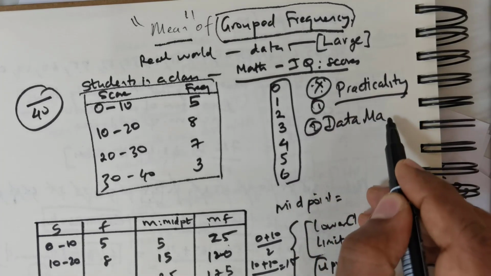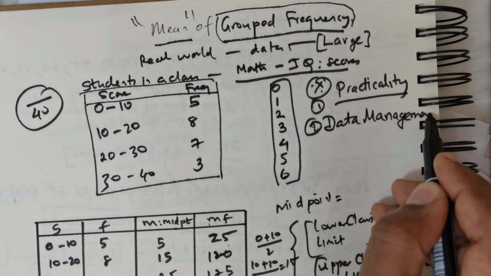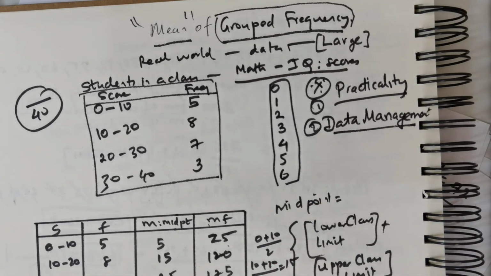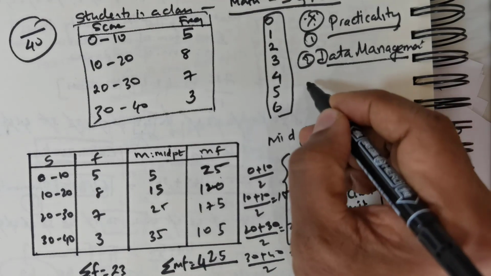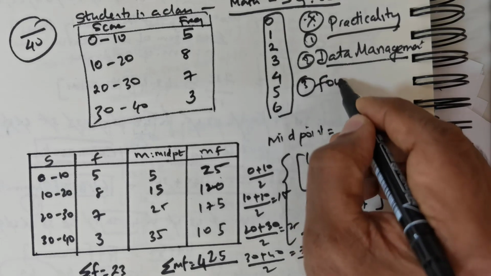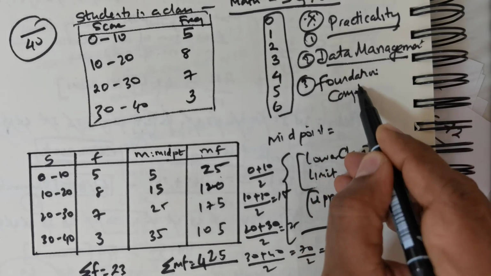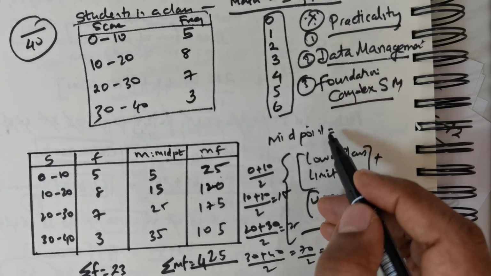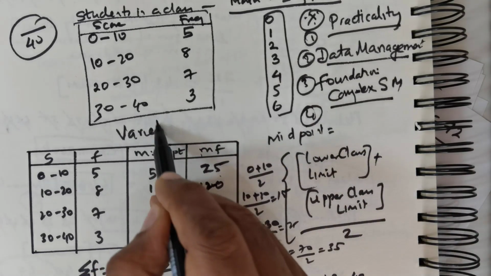The manageability of the data is easily done. So we can perform data management and also data maintenance fairly with ease. Number 3 is understanding this will give you a good foundation for learning more complex statistical methods. Now the fourth advantage is this method has a variety of applications.